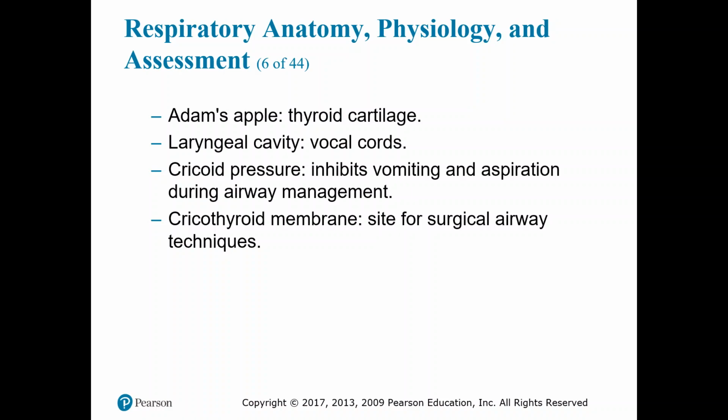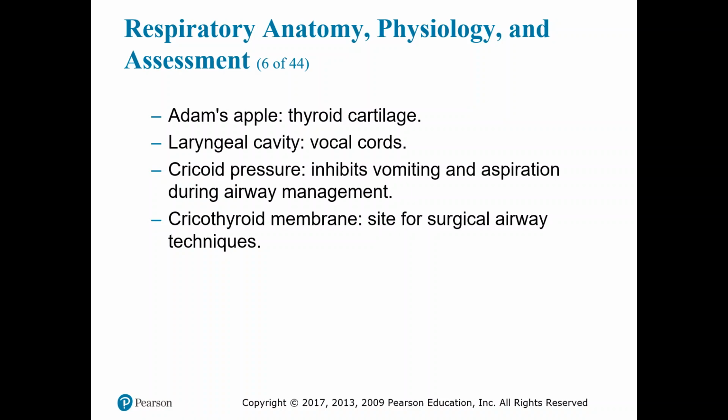The esophagus lies behind the cricoid cartilage, so pressure applied in a posterior direction to the anterior cricoid is thought to occlude the esophagus, otherwise known as cricoid pressure, thus inhibiting vomiting and subsequent aspiration during airway management.